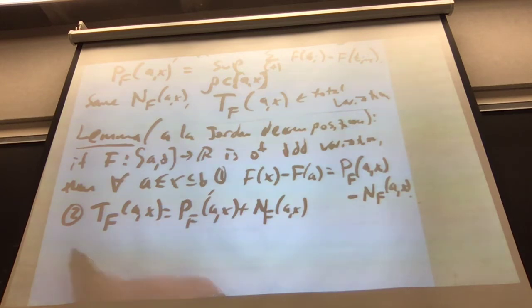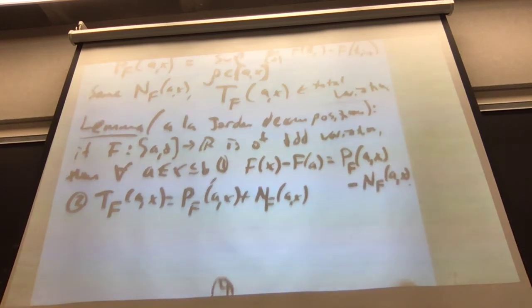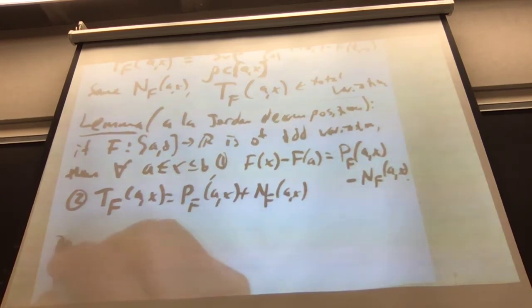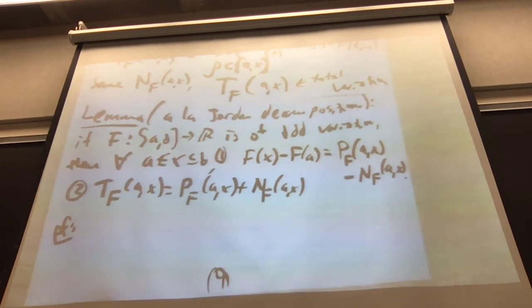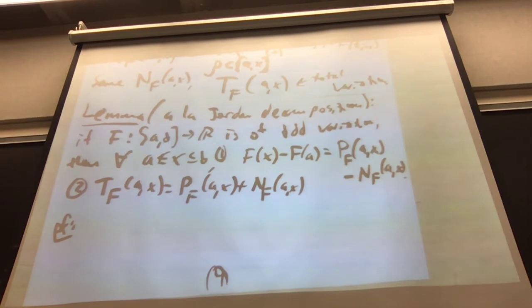Okay, let's just prove this. This is not hard. It's one of these things that's intuitively very clear. So what do you do? Well, what is PF? It's the supremum over all the partitions of a to x of the positive parts.